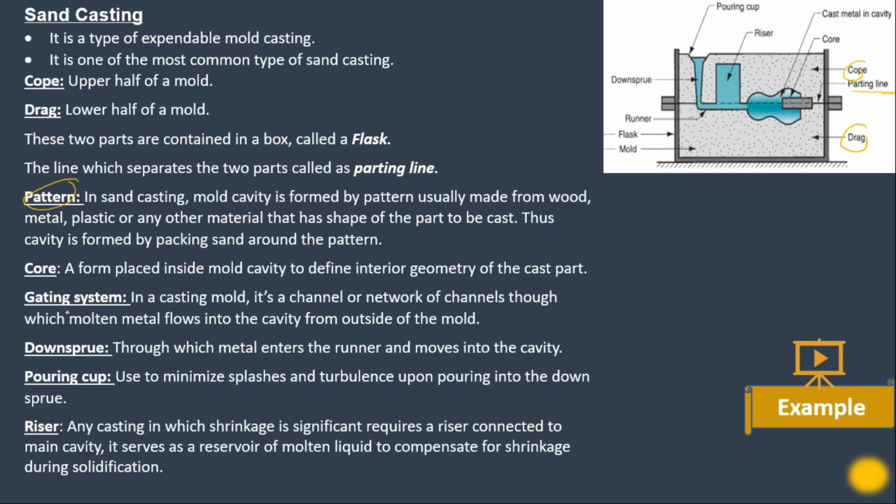Then there's a thing called a core. What is a core? A core is something that is placed inside the mold cavity to get the internal geometry. Let's suppose you want to make this mold cavity, what kind of shape will you get with the core? Probably like this one.